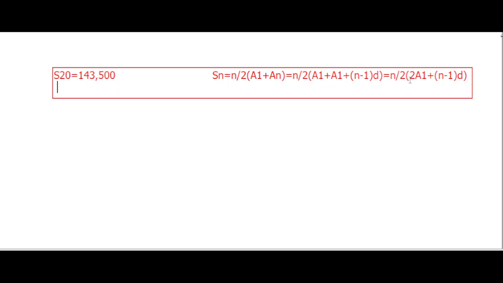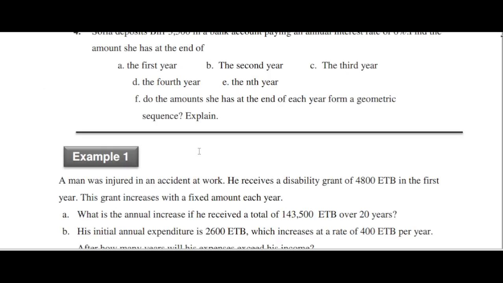So here let's substitute. Sn is 143,500, which is equal to n over 2, n will be 20 divided by 2, times (2a1 plus (n minus 1) times d). What do we want to find? The common difference d. So what is the value of a1?